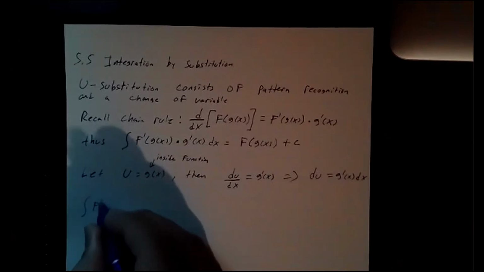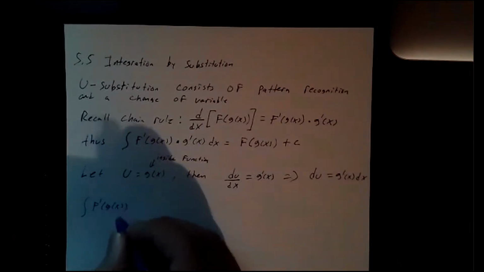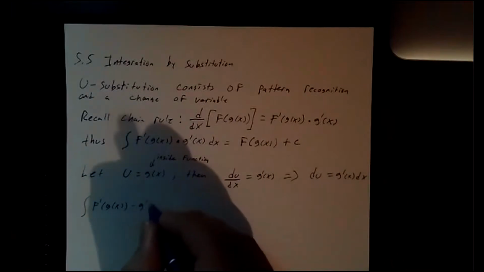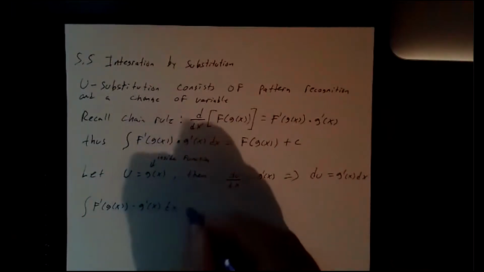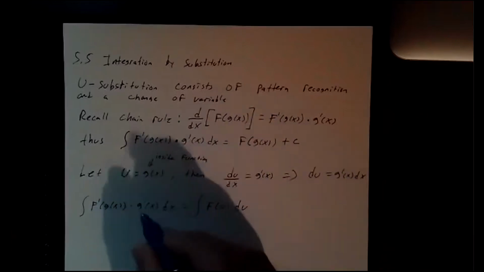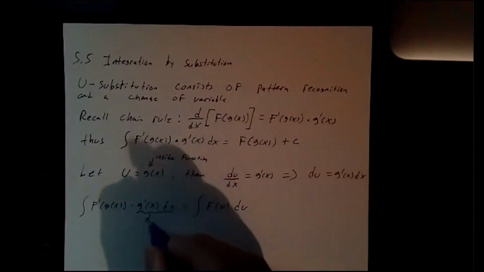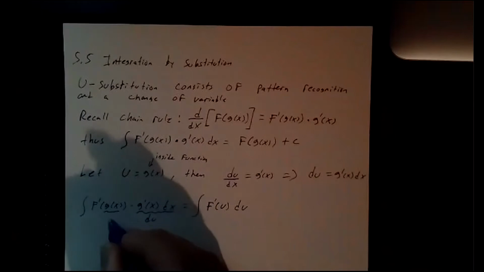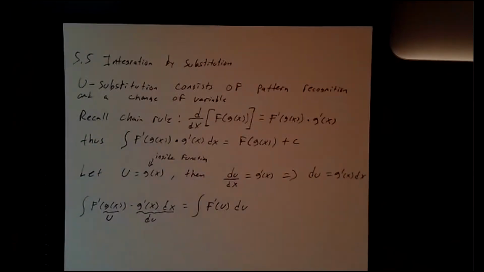So capital F is equal to the integral of f prime of u du. So this right here is du, and this is u. Does that make sense?